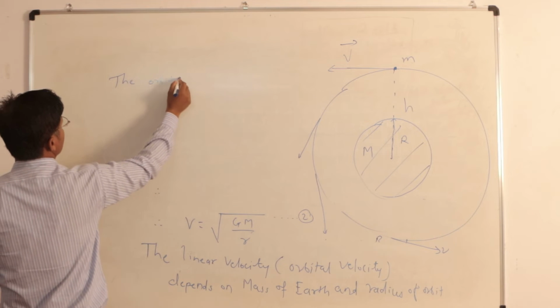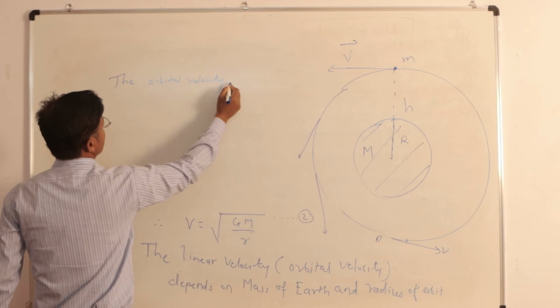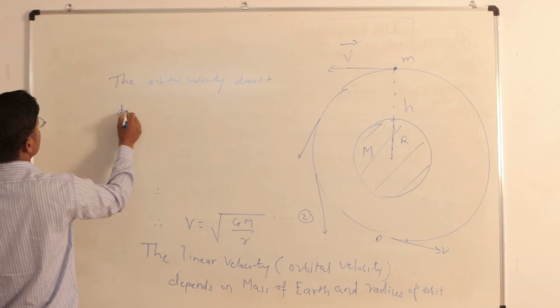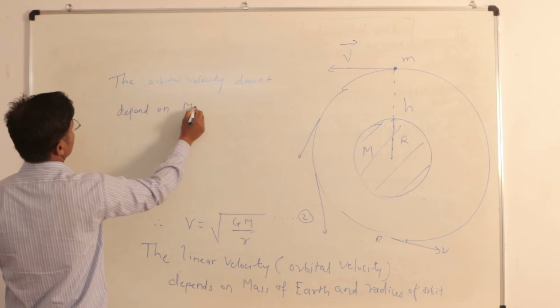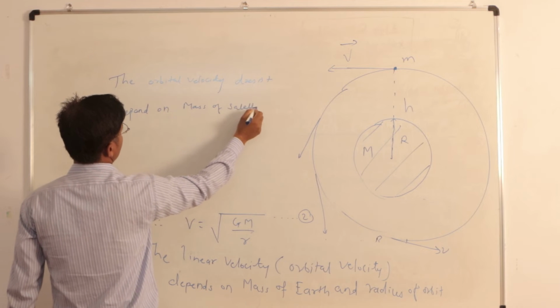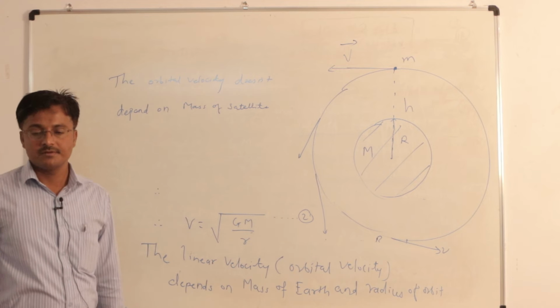So we can write here, the orbital velocity doesn't depend on mass of satellite. Very important concept.